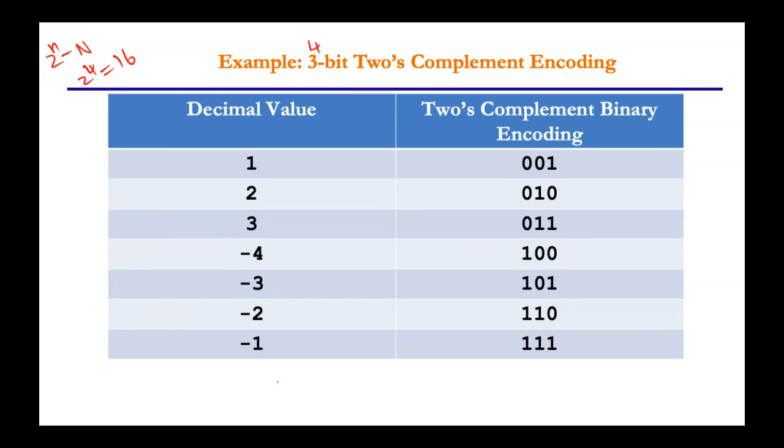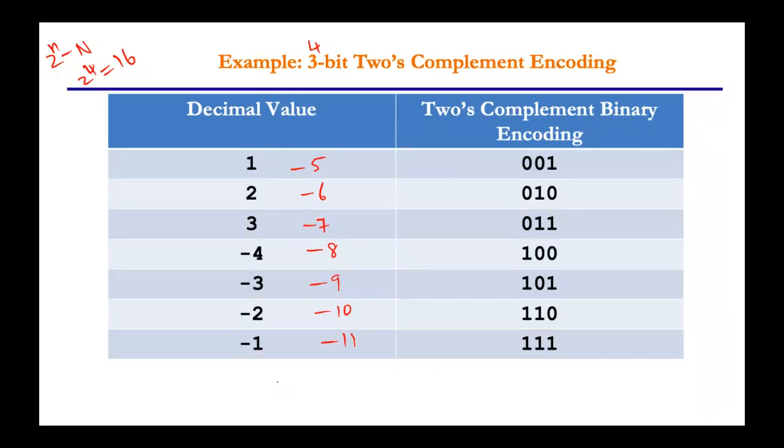And suppose I have the numbers -5, -6, -7, -8, -9, -10, -11, then what is the two's complement binary encoding using 4 bits?